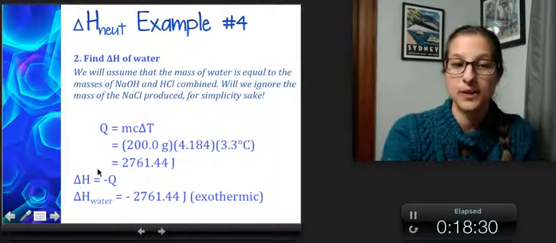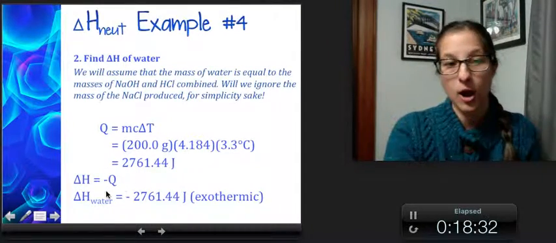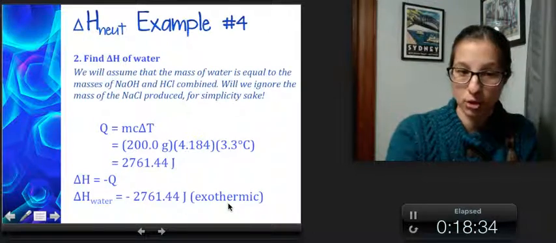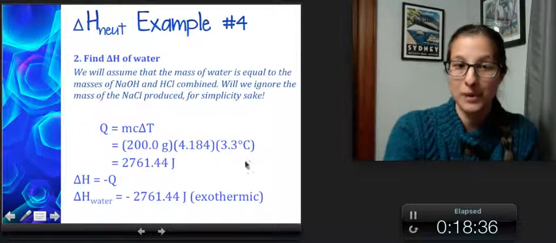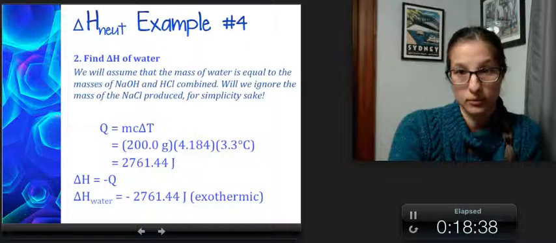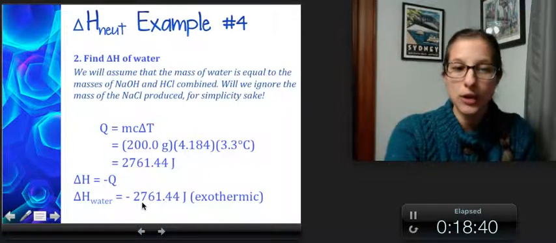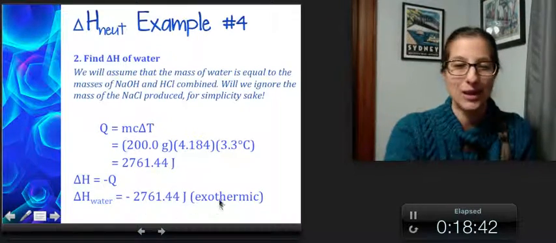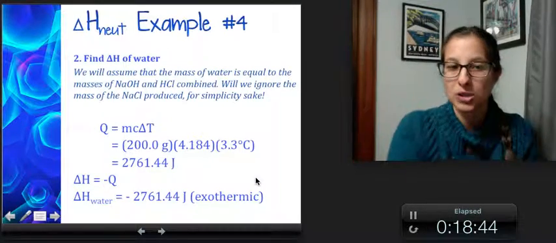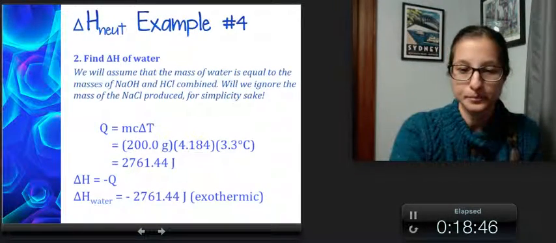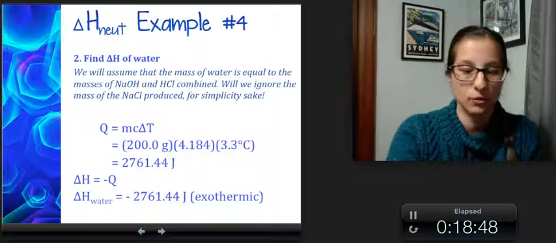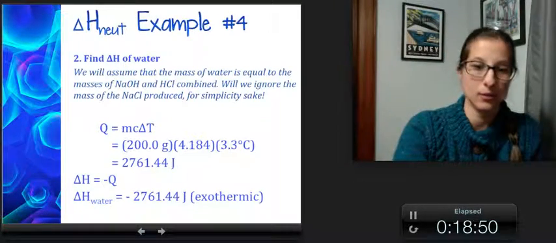Then we can find the delta H by making it negative Q. It's an exothermic reaction. Makes sense because the temperature went up. If when you do your calculation and you get your delta H and it doesn't match, go back and do it again, because it might mean that you've added something somewhere that you shouldn't have.